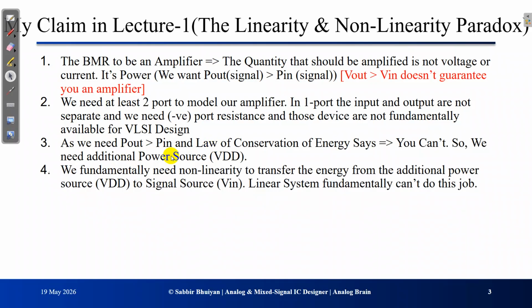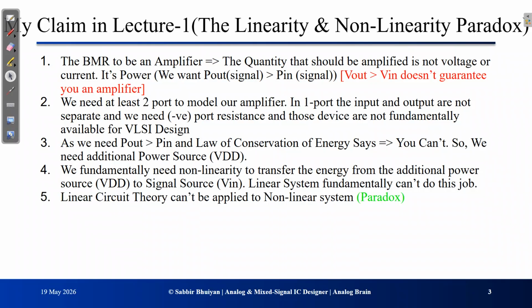Number 4, we fundamentally need nonlinearity to transfer the energy from the additional power source VDD to signal source V in. A linear system fundamentally can't do this job. I'm talking about passive systems. Okay, and every real system is passive, and so a linear system fundamentally can't do this job.